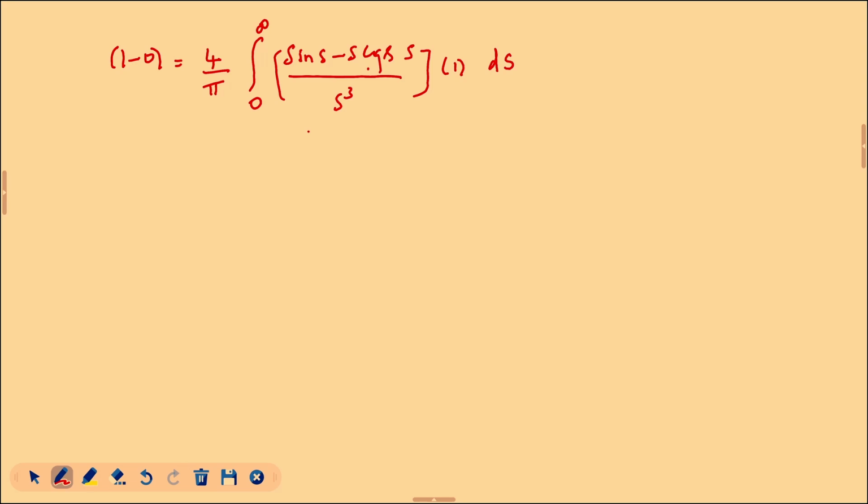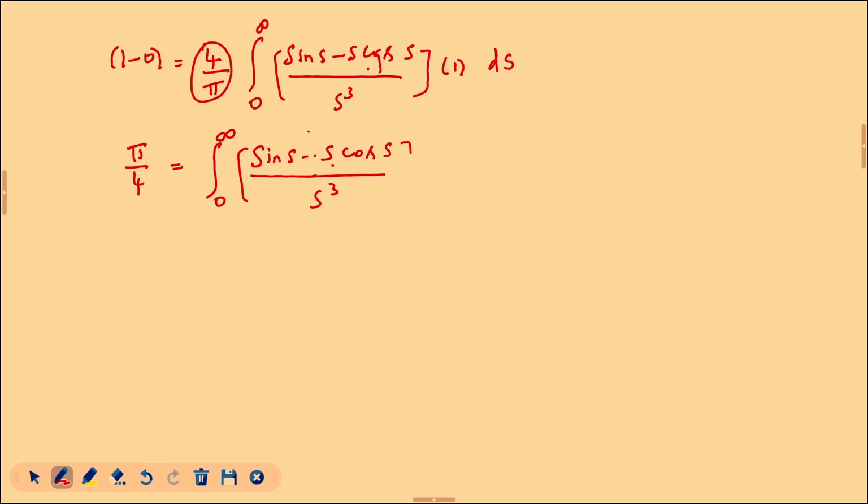Now cross multiplying, cross multiply this 4 by pi to the left side, you get pi by 4. So pi by 4 is equal to integral 0 to infinity (sin s minus s cos s) divided by s cube into ds. Now in the answer it is given as sin t minus t cos t, so we are going to replace s by a dummy variable t.